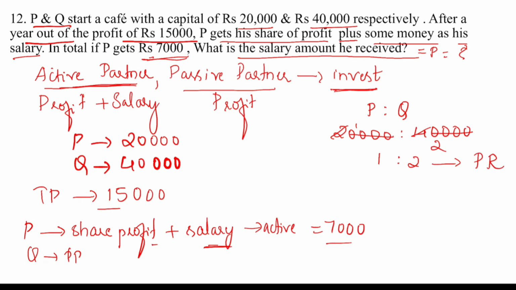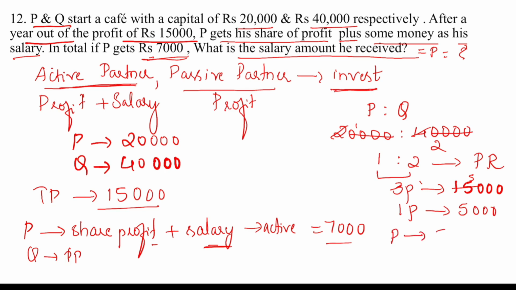And we know the total profit they got is 15,000, and the total is 3 parts. So 3 parts is 15,000. Then what is the profit of P? P is 1 part. So 1 part will be how much? 3 fives are 15, so 1 part will be 5,000. That means P got 5,000 as his profit.